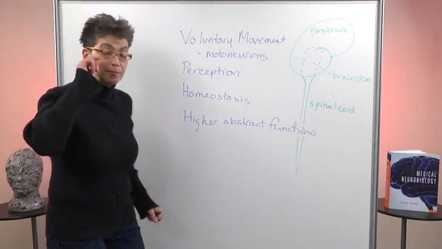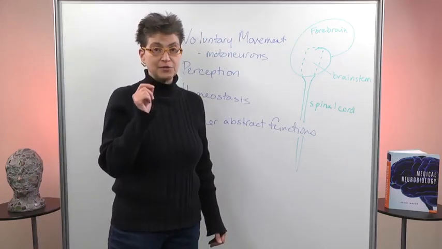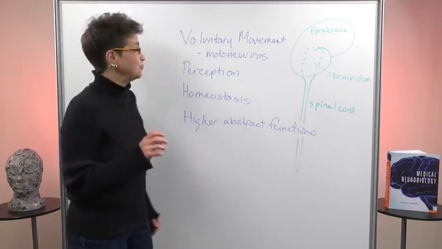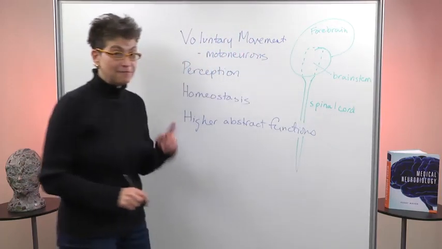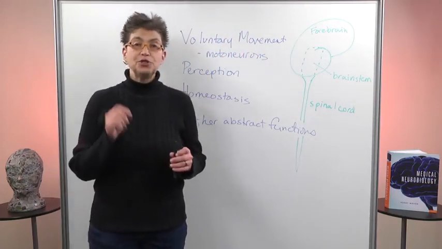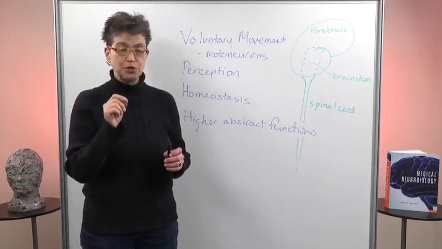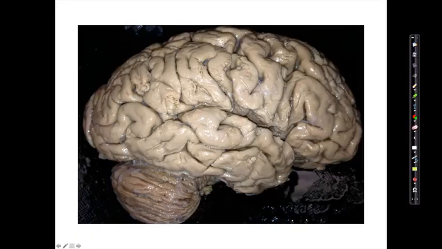Perception, remember, is the conscious perception of sensory inputs, the conscious appreciation of sensory inputs. And that depends entirely on the forebrain. In fact, the conscious appreciation of sensory inputs depends on the cerebral cortex.